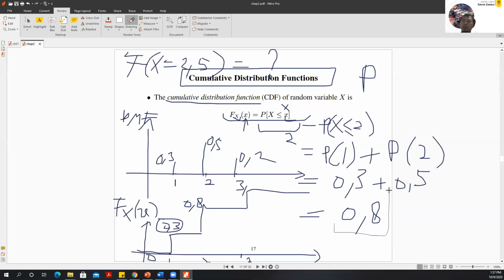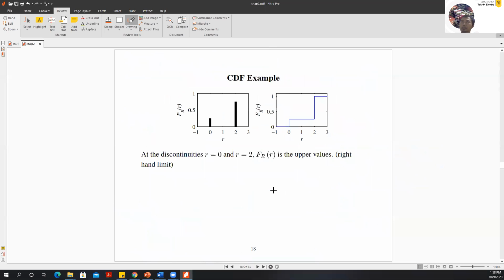Because you can see here, 2.5 is here, and look at this point, it is 0.8. So the graph is like this.